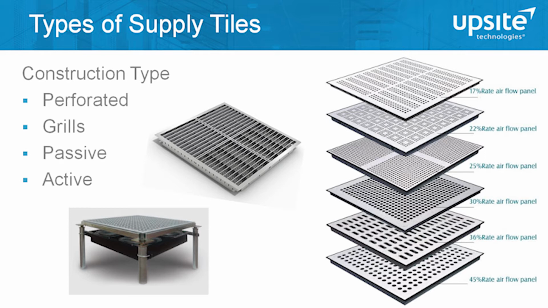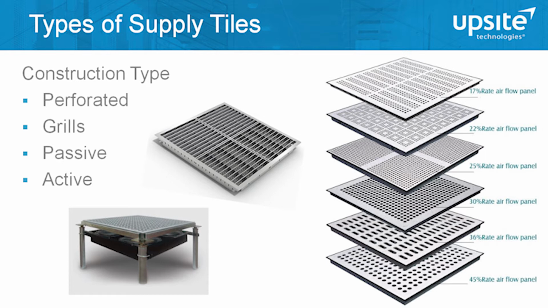Grills generally have a much higher open area, constructed with bars, welded or formed. You look there on the right and you see about two down, three down is the quad tile. It's one of the most common perforated tiles in the industry. And there are a few other options there with increasing open area.